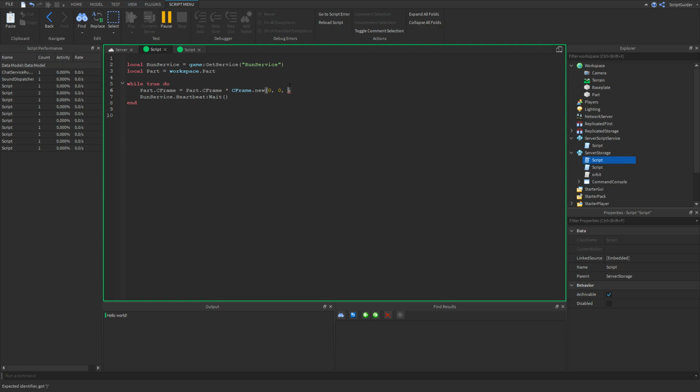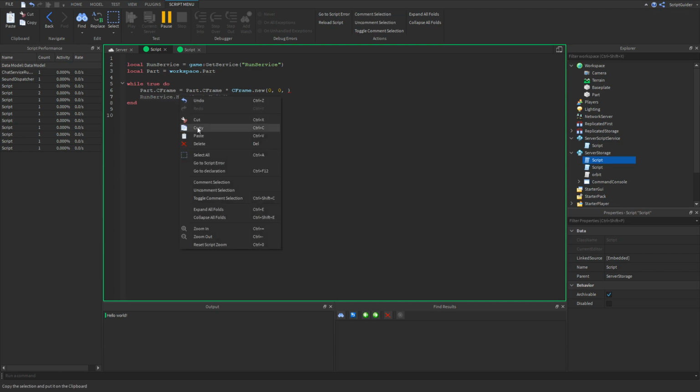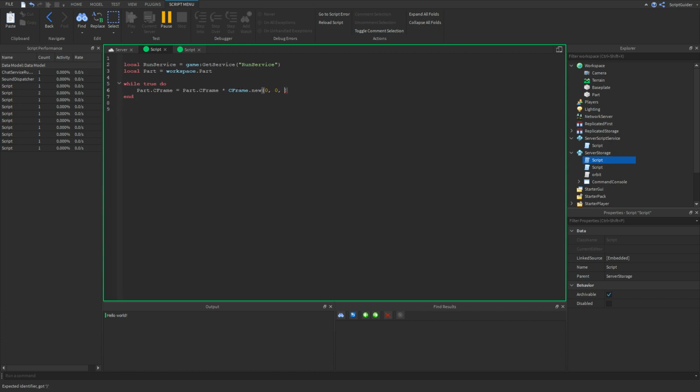Basically, we're going to take our wait time, so this here, and that's going to be part of our calculation. The reason it's going to be part of our calculation is because we still want our increment to be based on time, just like it was in our previous example.